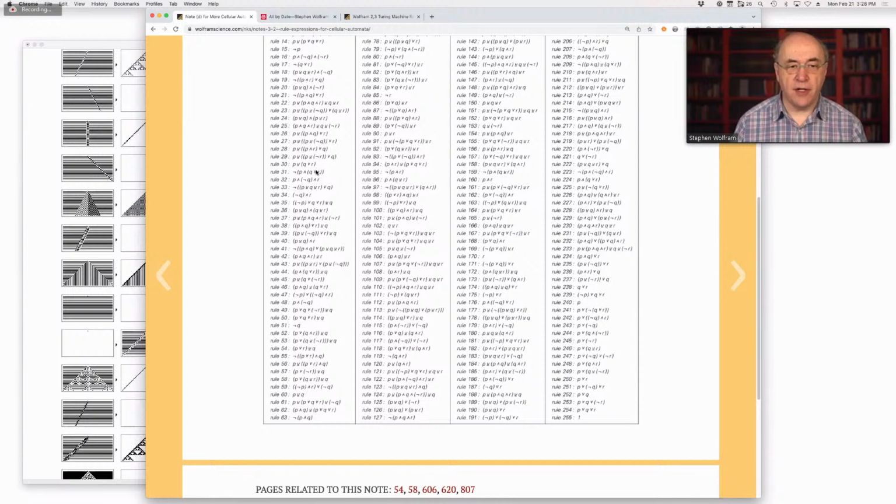So it's a very, very simple Boolean expression, P XOR (Q or R). It's remarkable that from an expression that simple, you get all of this behavior.